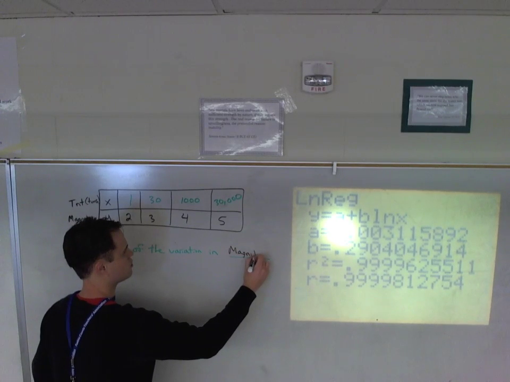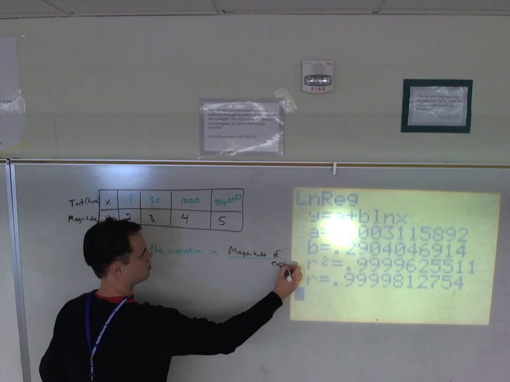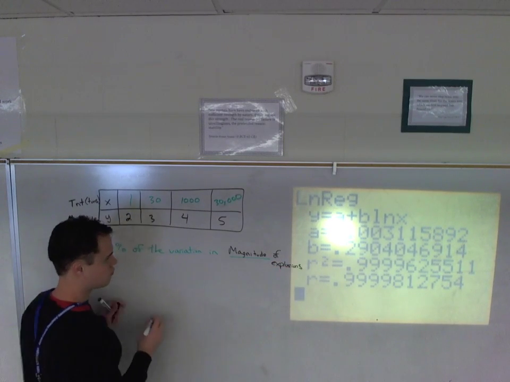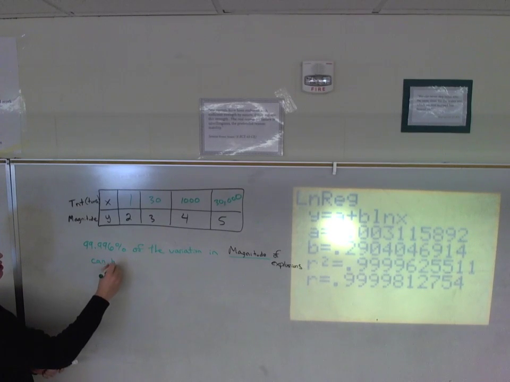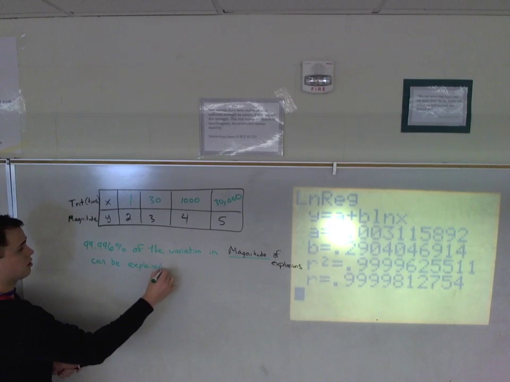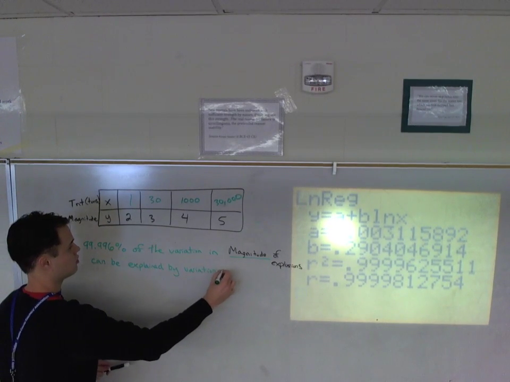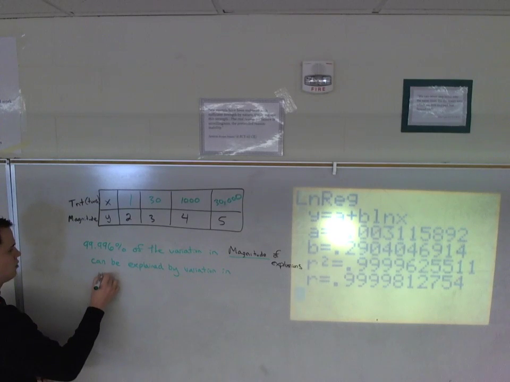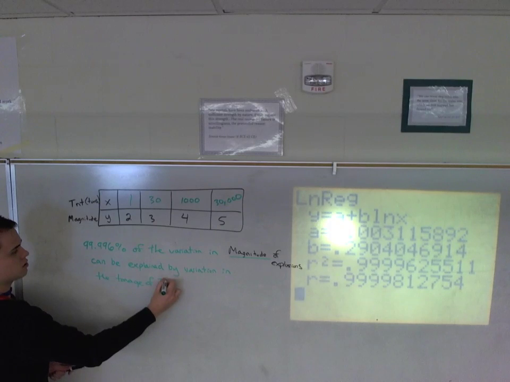I'm going to put magnitude of explosion, because otherwise I don't know what that means. Can be explained by variation in the tonnage of TNT.